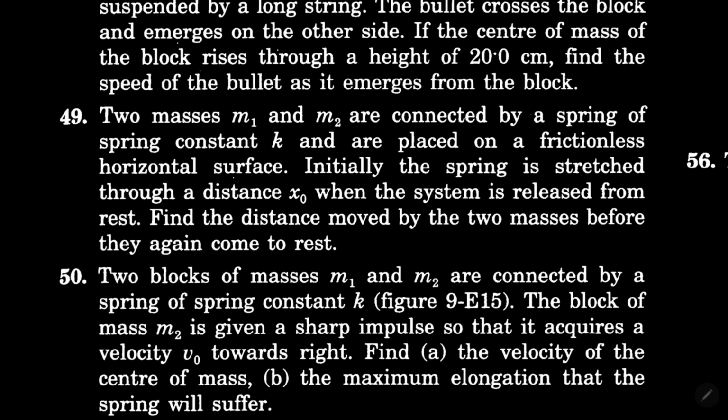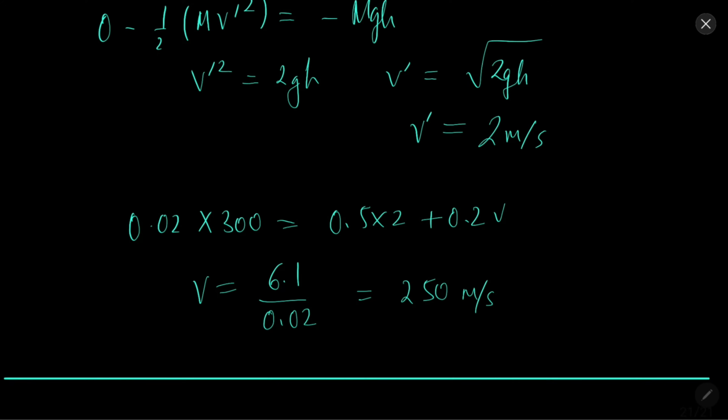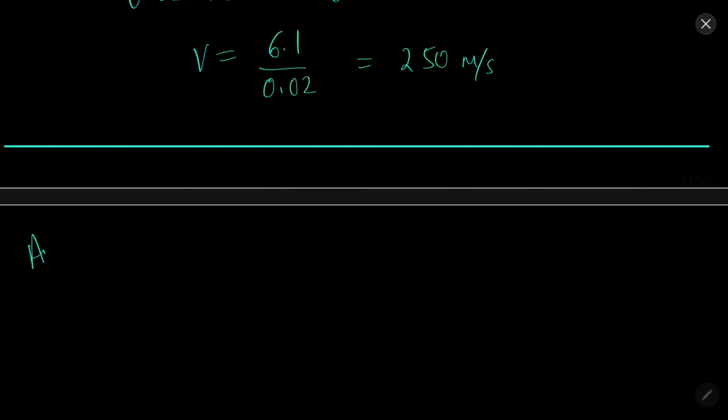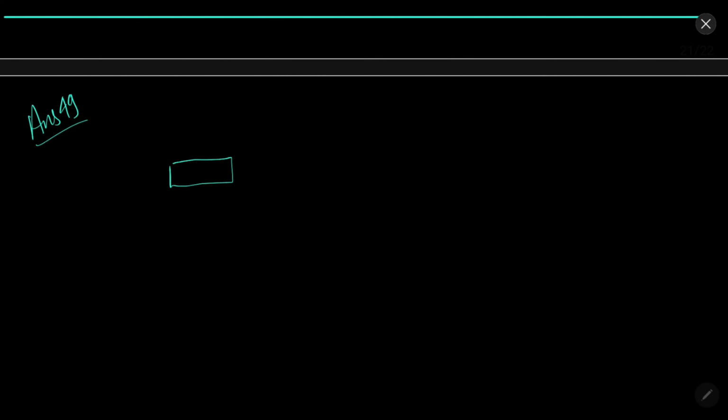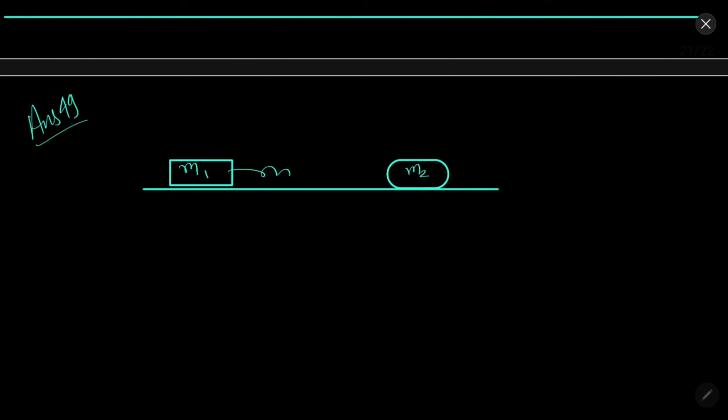In question 49, we have two masses m1 and m2 connected by a spring. Find the distance moved by the two masses before they come to rest. Solution 49: let's say this is one mass, this is another mass. This is M1, this is M2 connected by a spring.